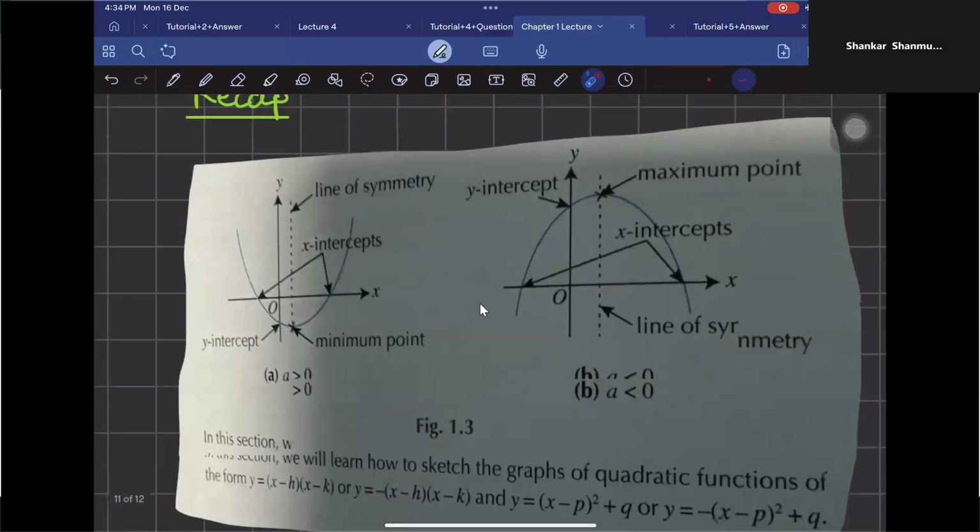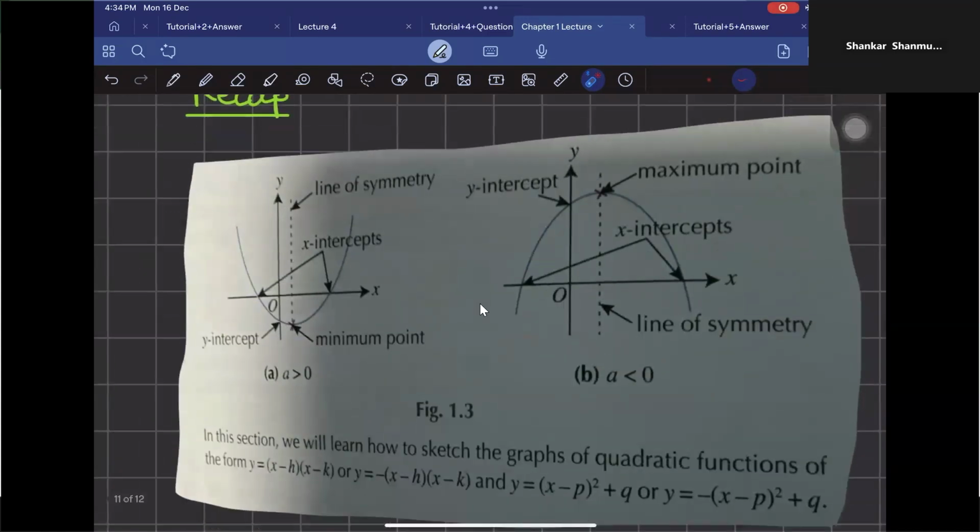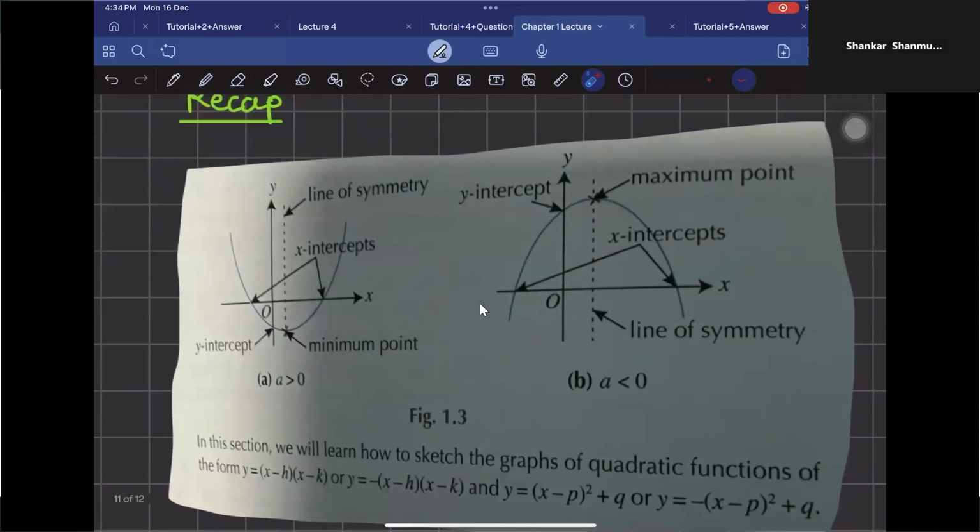So similarly, this is for a graph where the coefficient, because it's y equals ax squared plus bx plus c, right? So this is for the graph where your a is positive, which is why it's a smiley face graph. Remember, note that for a graph, for example, y equals x squared, right?